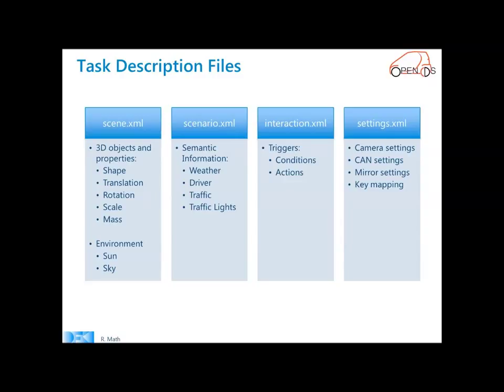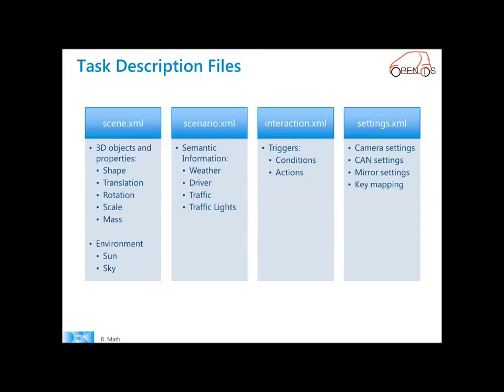You can assign masses if you have physical objects that may fall down or move in any way. You can here set up the sky texture and some other parameters, for example, the shadow rendering and other settings.